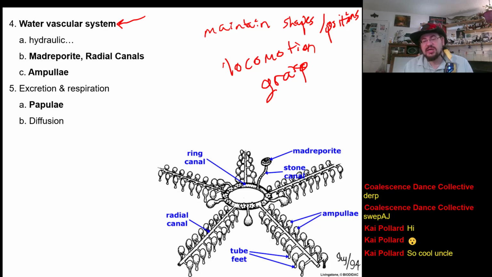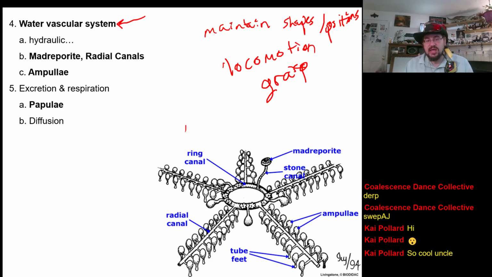It sucks water in and moves water through a series of tubes. They do not have a circulatory system or a heart. They don't have blood. They circulate dissolved oxygen in the water directly through their water vascular system. So, respiration, oxygen exchange, is done via the water vascular system. Excretion of wastes is also done by the water vascular system.